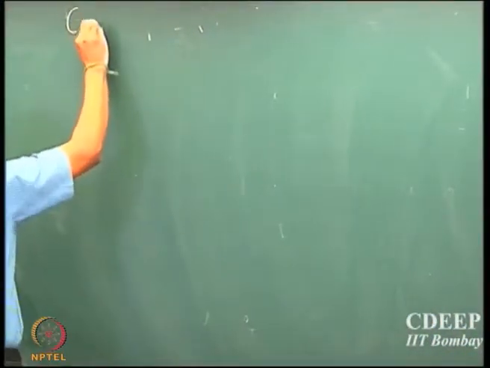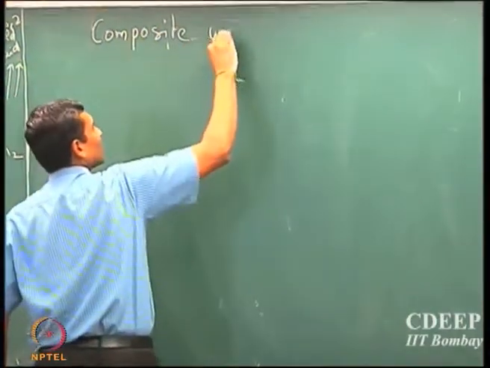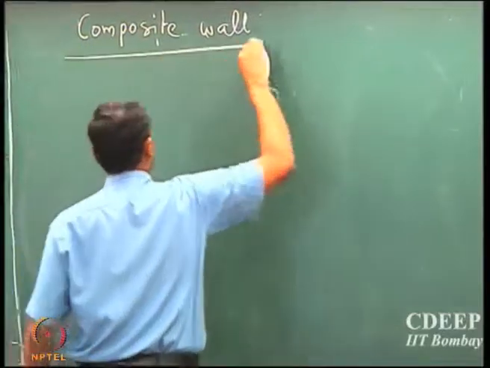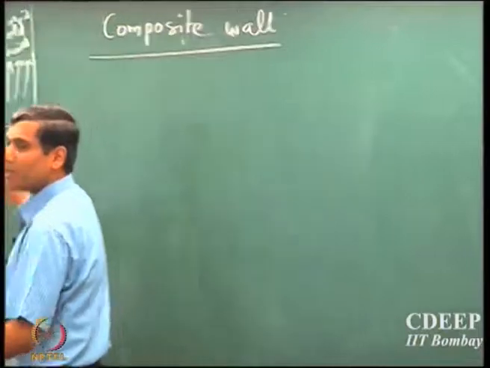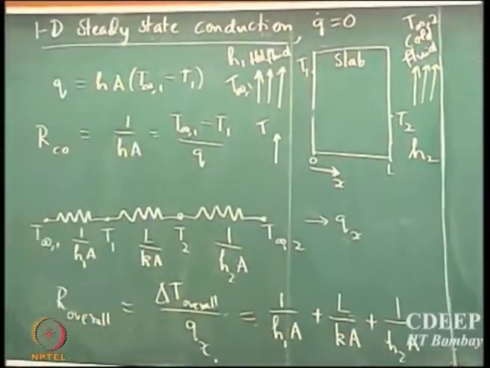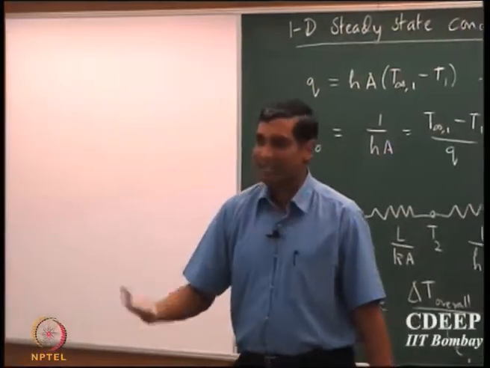So let us take the next example, the composite wall. Supposing instead of one wall, I have multiple walls stacked next to each other. This is a very common thing you would observe in an insulating system.